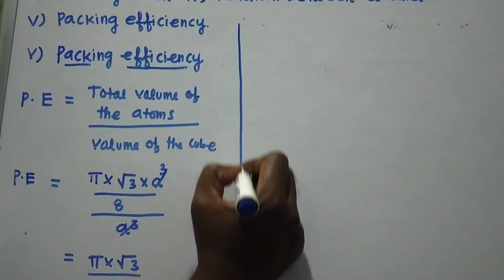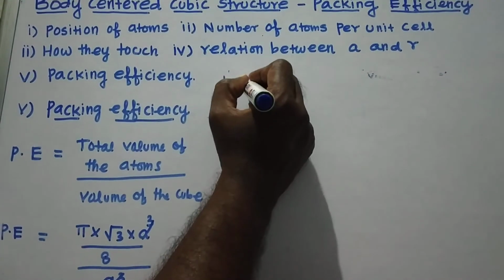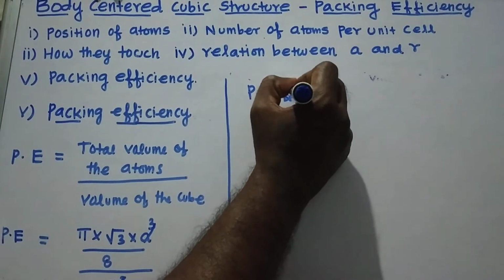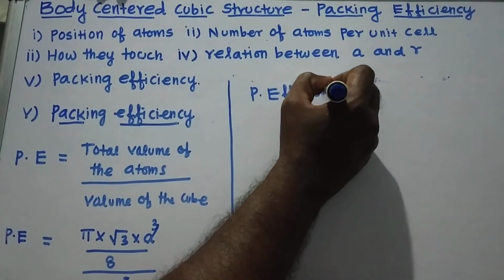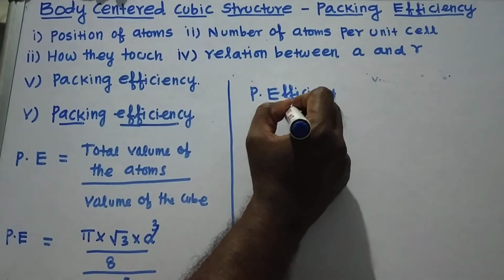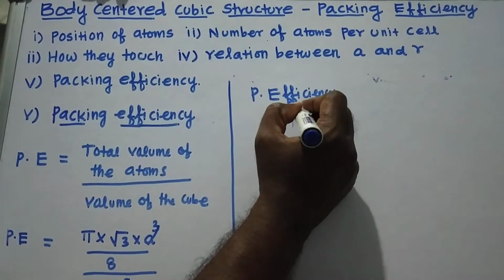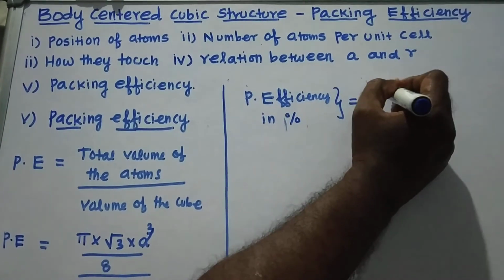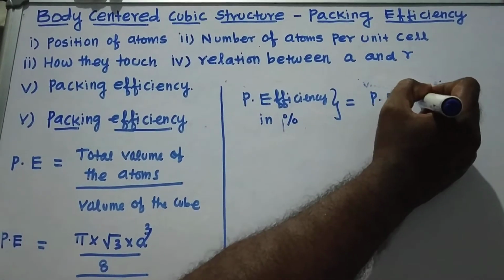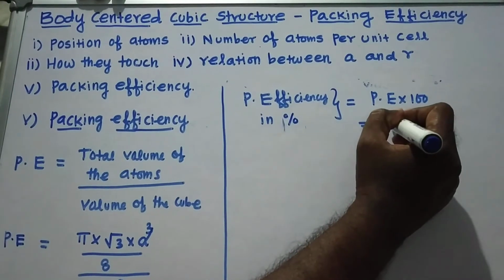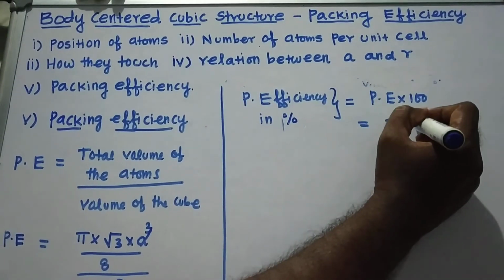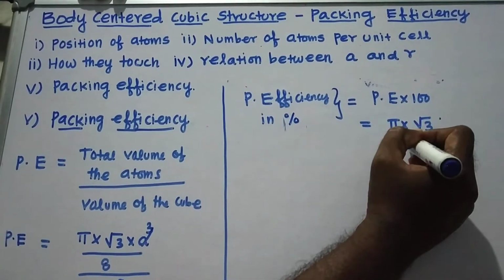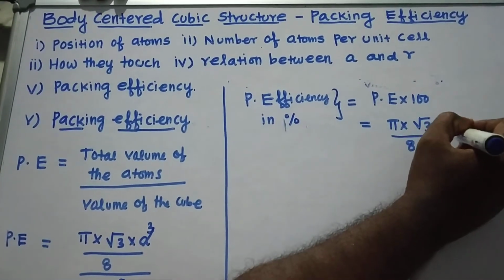Therefore, now we are going to find out the packing efficiency in percentage, that is equal to PE into 100. The value of PE is equal to pi into root 3 divided by 8 into 100.